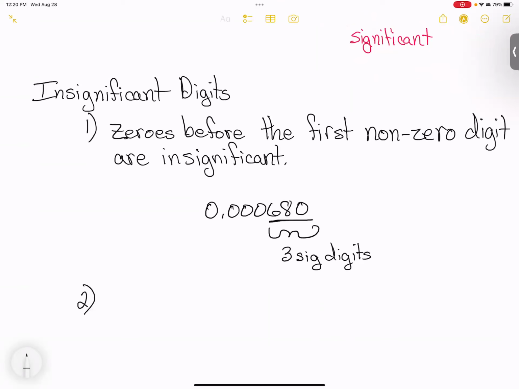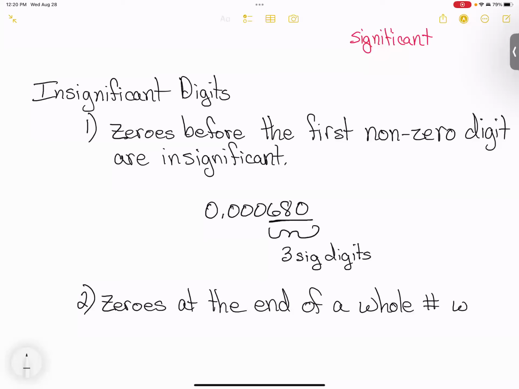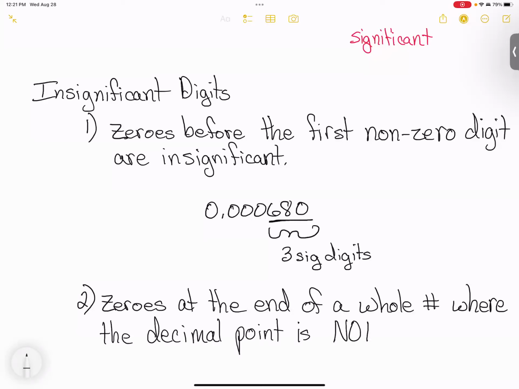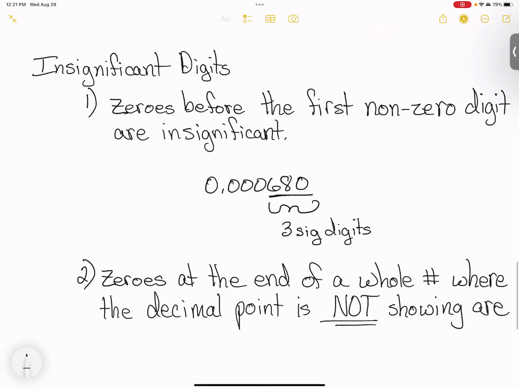The other rule is zeros at the end of a whole number where the decimal point is not showing are insignificant.